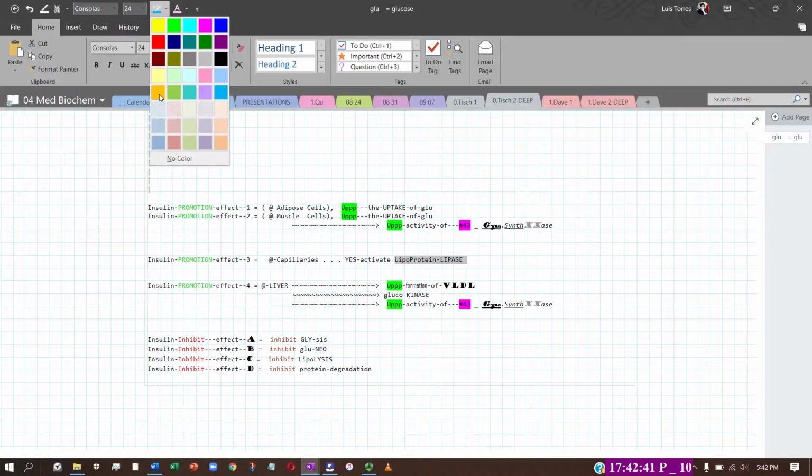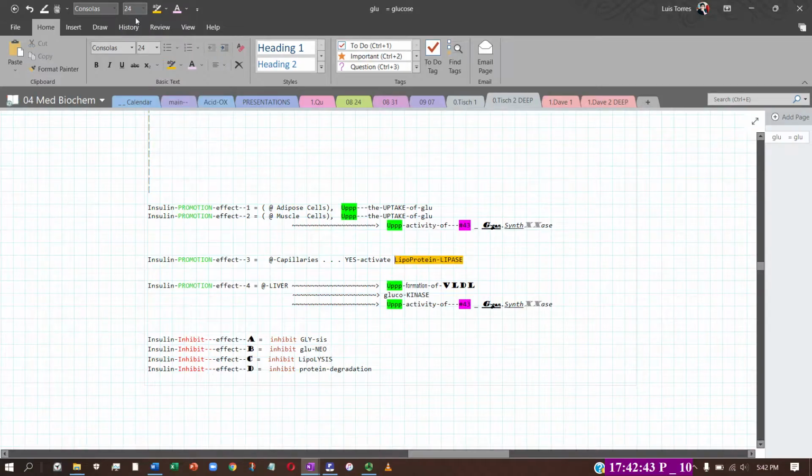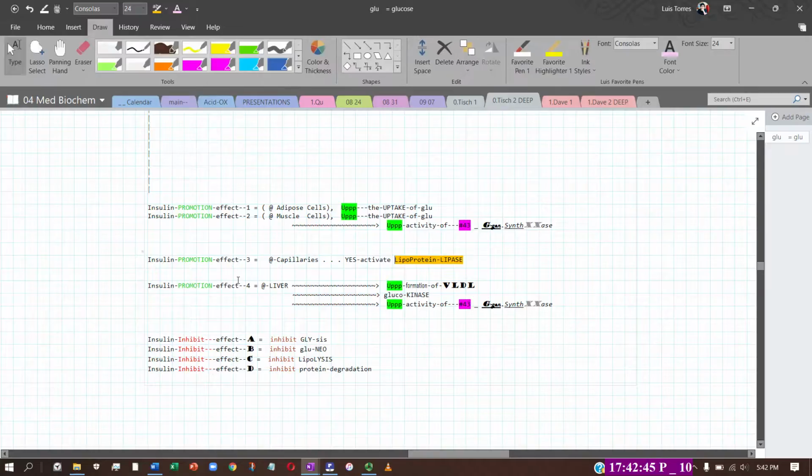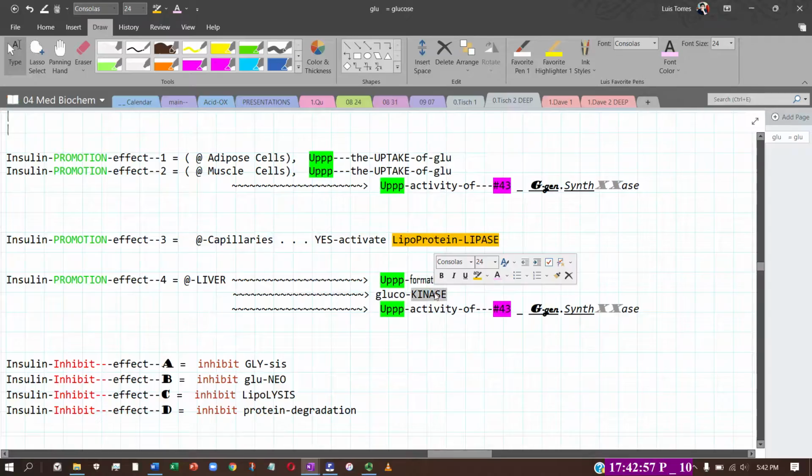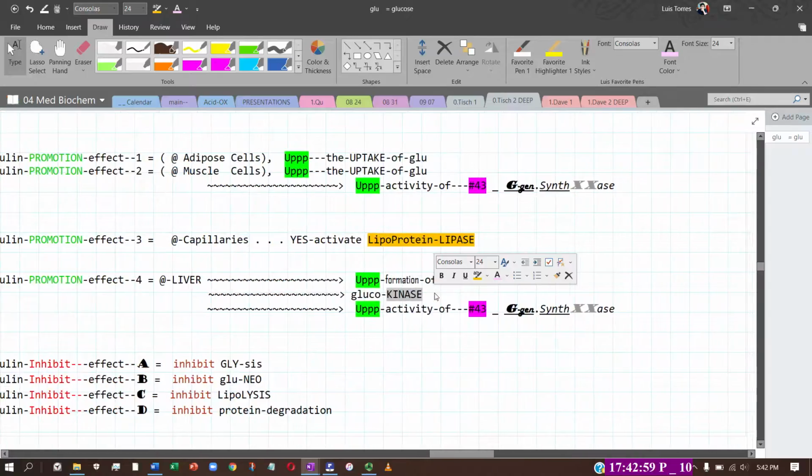Let's make it orange. Lipoprotein lipase. So the location of effect number 4 is the liver. The formation of something called VLDL is increased. Glucokinase, I think it goes up. Yeah, I'm pretty sure the activity of this goes up.